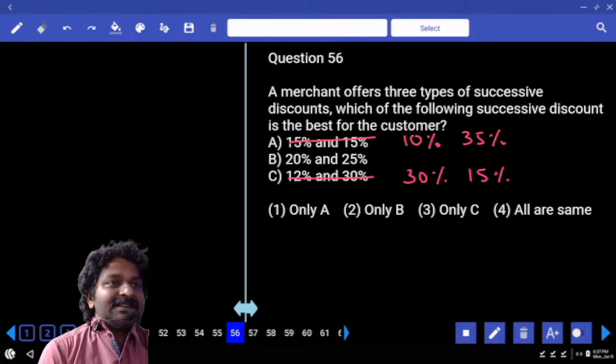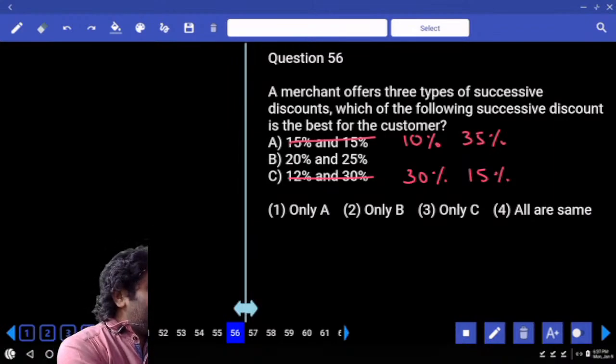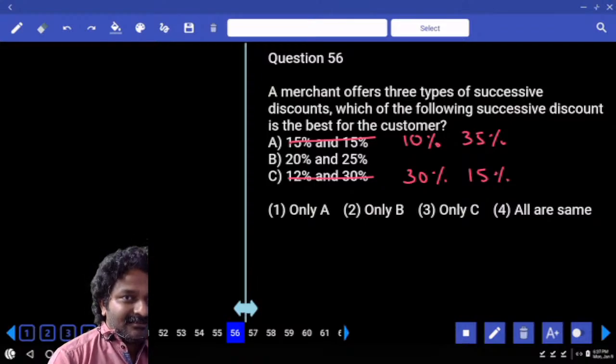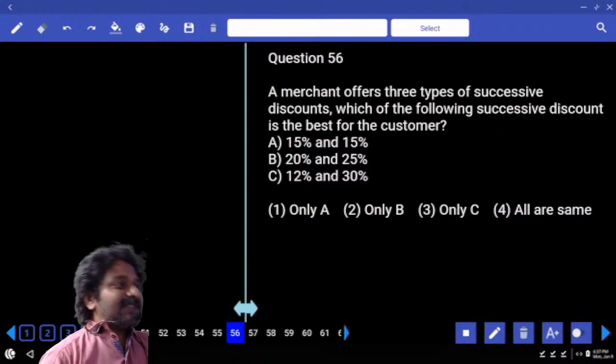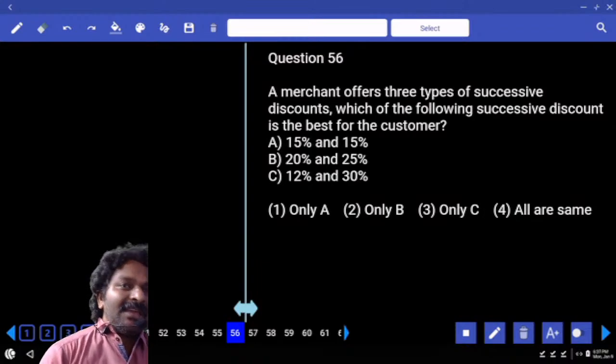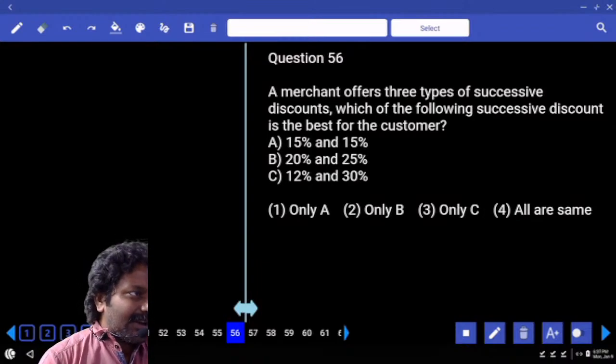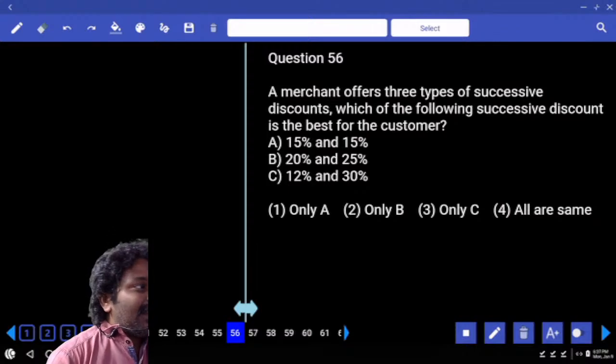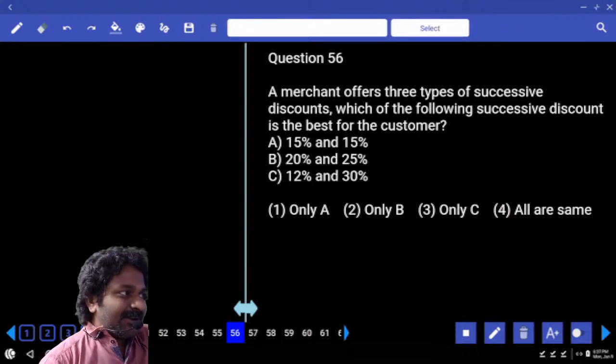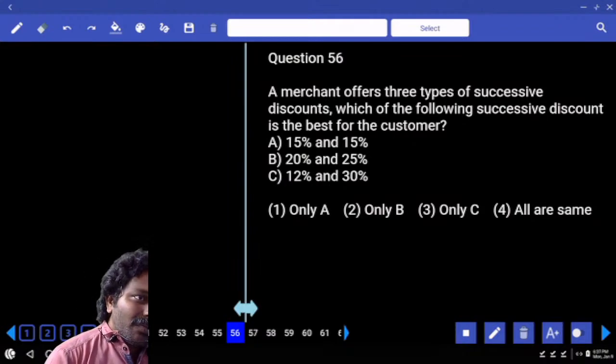In such a case, you need to calculate how much is the single discount in each and every case, and then you can decide. But now using the sum itself, B is definitely more than A and C. So obviously you can go with that. You need not calculate the single discount. When to calculate the single discount, I have explained to you. Understood? Yes?